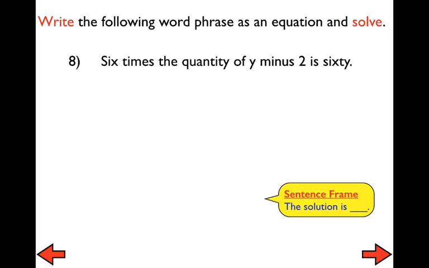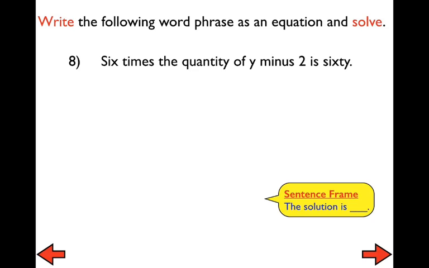Okay, so now we're going to deal with the language objective for this lesson, and that's turning words into math, if you want to think of it that way. So number 8 reads like this. It says 6 times the quantity. And remember, in the very first problem today, I stated the fact that times the quantity means you're going to use parentheses.